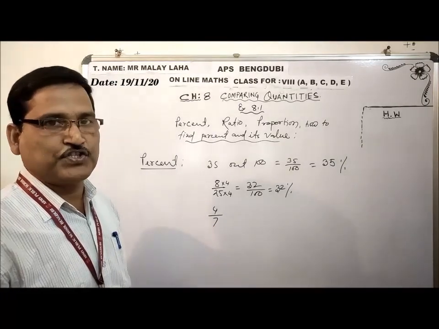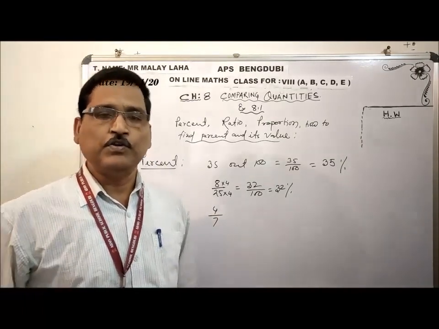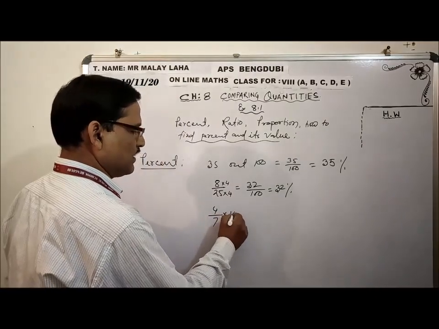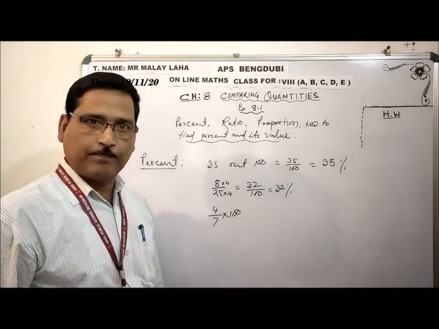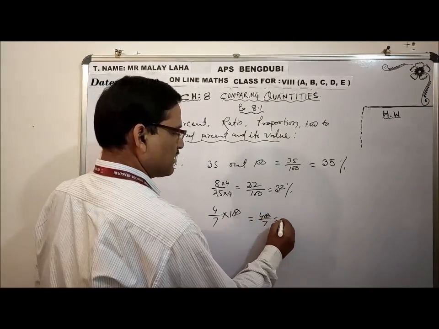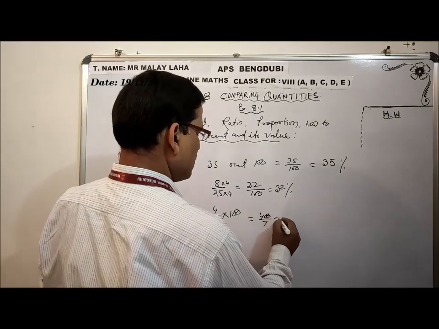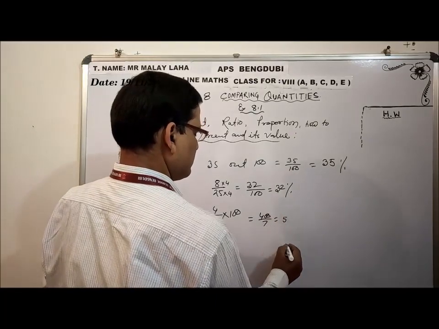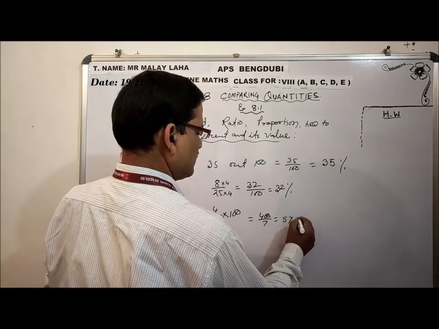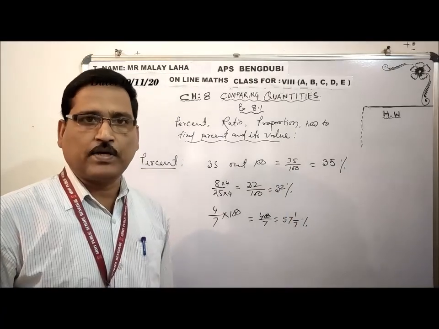So in that situation, the simplest shortcut method is, for any number you need to find the percent of, you multiply it by 100. So it will be 400 by 7. After calculation, it comes to 57 1 by 7%. This way we can find it out.